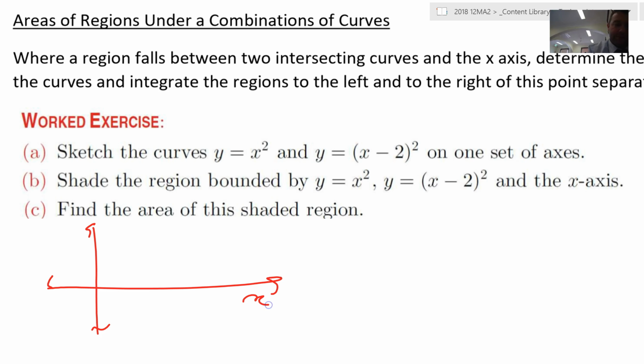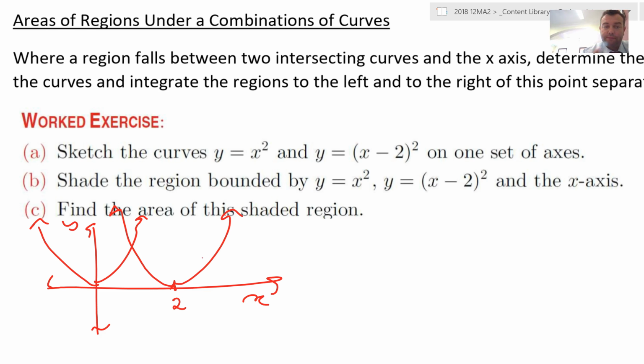That's going to be 2 there. So this is y equals x squared, and this is y equals (x minus 2) all squared. That's part A done. Part B, shade the region bound by these curves and the x-axis.